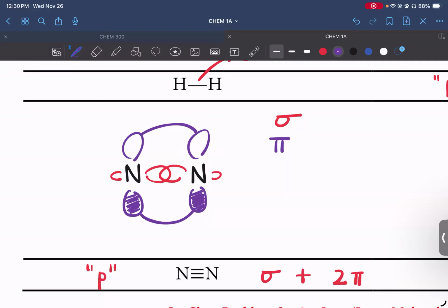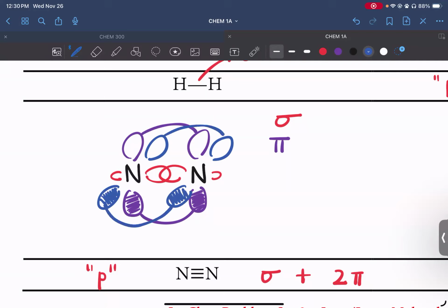We still have to include our second pi bond, which will invoke the diagonal p orbital. And this here is our complete valence bond diagram for the triple bond of N2.